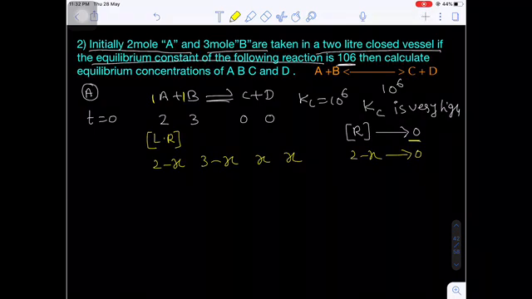That means the 2 minus X value tends to 0. Let's suppose 2 minus X is Y. That means Y tends to 0.